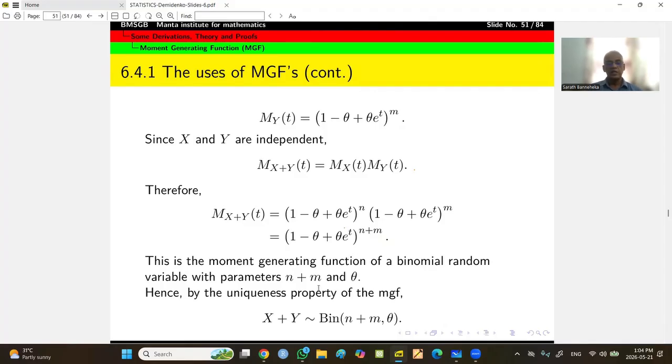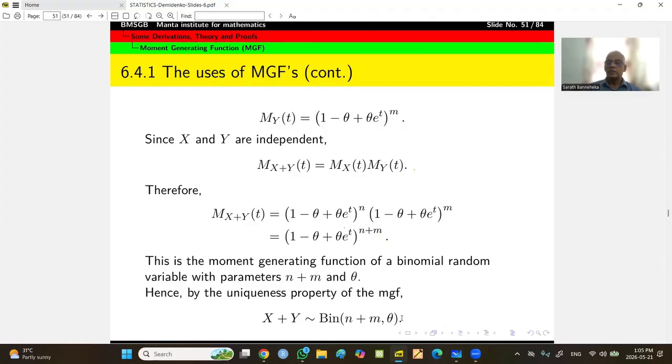So that tells us that X + Y must have a binomial distribution with n + m and θ. That is theoretically how we identify the distribution of X + Y when X and Y have binomial distributions and are independent.